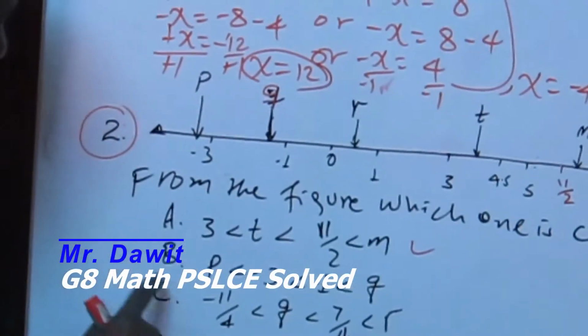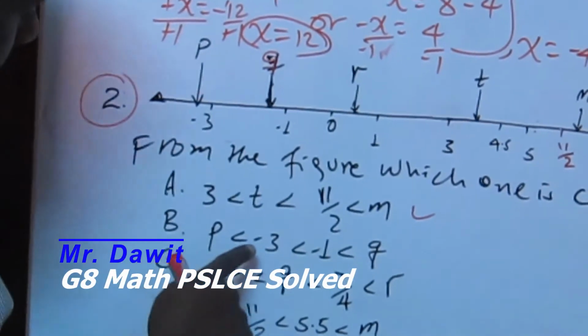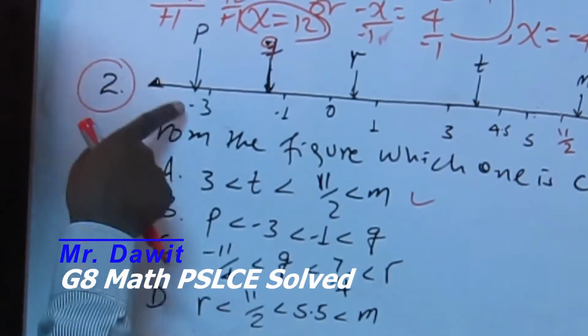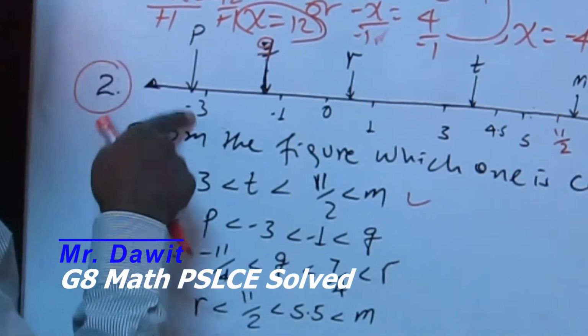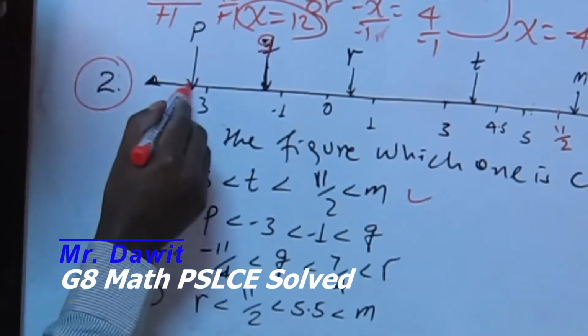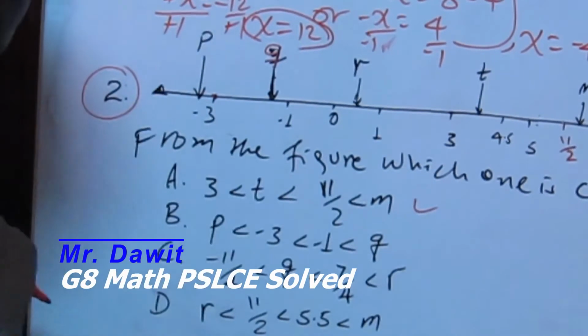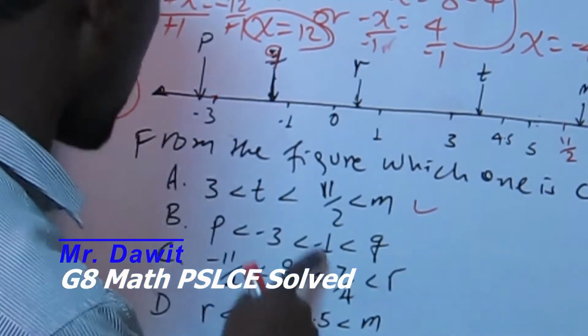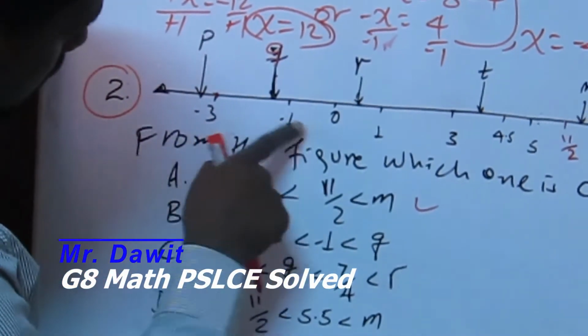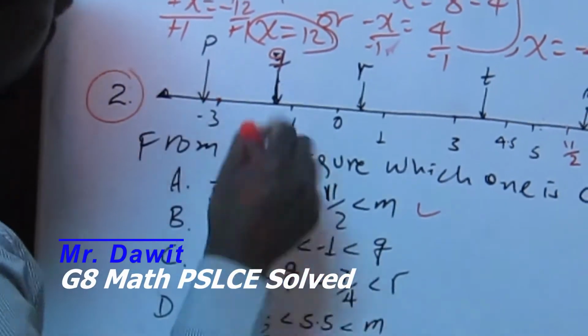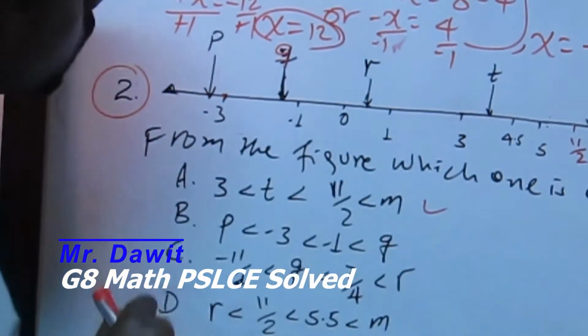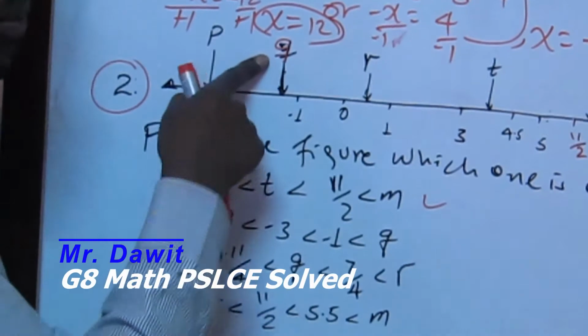B: p is less than -3. p is less than -3, of course it is true, በግራ በኩል ስለሚገኝ ማለት ነው። እዚህ ጋር -3፣ እዚህ ጋር p አላችሁ፣ ስለዚህ የp value ከ-3 ያንሳል. Again less than -1, ከኔጌቲቭ 1 ያንሳል ምንም ችግር የለውም. Less than q: ከq እና ከኔጌቲቭ 1 ማን ነው ትንሹ፣ q ያንሳል?